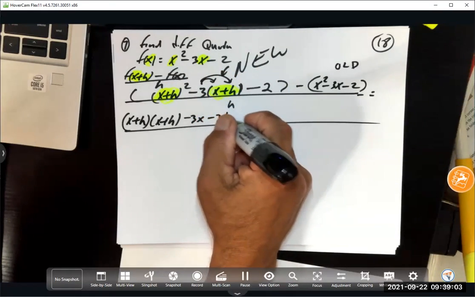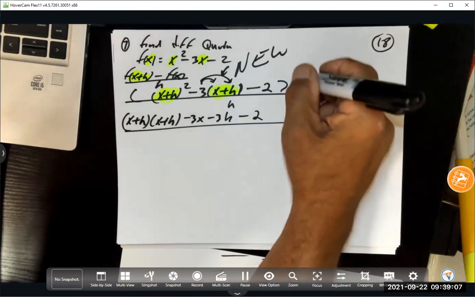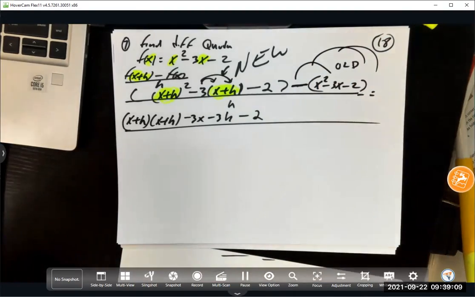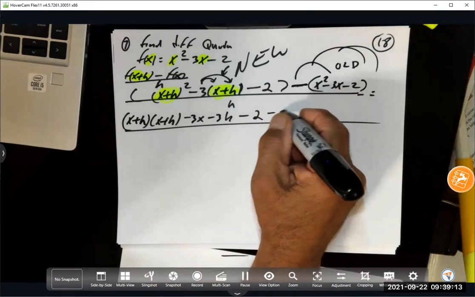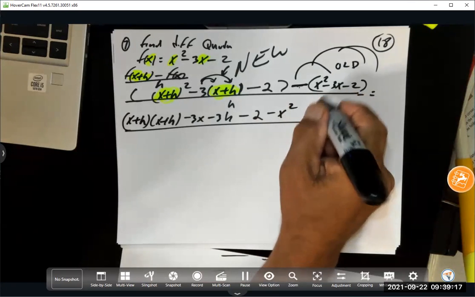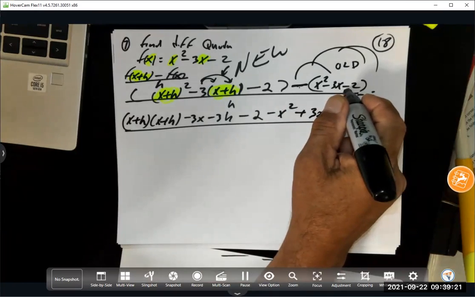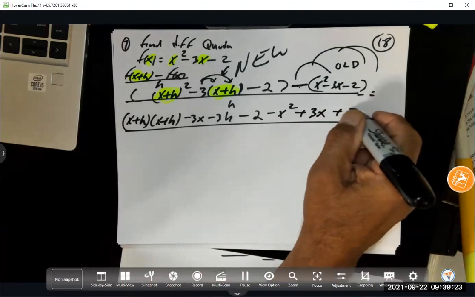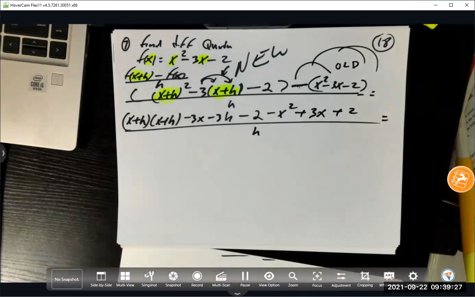And minus 2, I'll copy it down. Now, does this minus sign affect all these numbers? Yes. So negative of positive is a negative. What about negative of negative? Positive. Minus 3x, and negative of negative again is positive 3h.